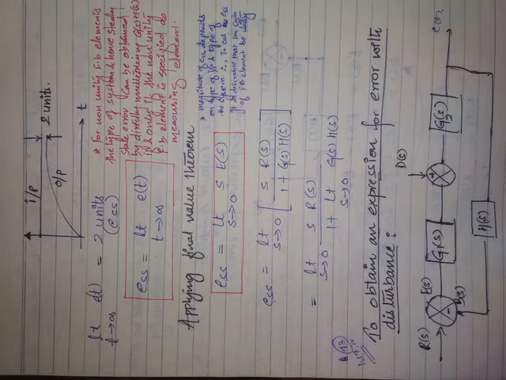If the H of s value is not 1 and some non-unity element is given, it becomes mandatory in that problem to specify that this H of s, which is a non-unity element, represents a sensor or transducer, because if this is a sensor or transducer, then only this will become steady state.